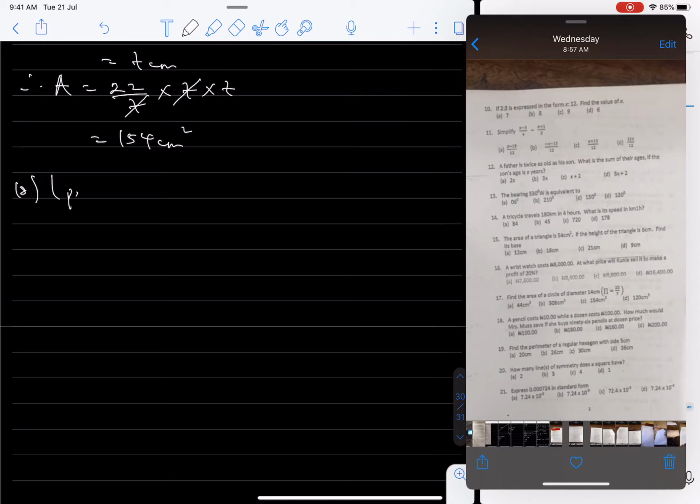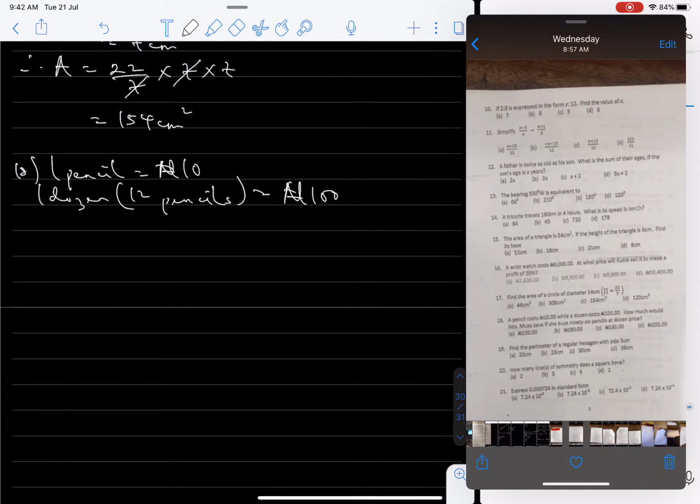Okay, one pencil at the original price is 10 naira. 1 dozen, which is 12 pencils, is, when you buy many, you get a discount most of the time. 1 dozen is 100 naira. You can see instead of 120 for 12, you are paying 100 naira.